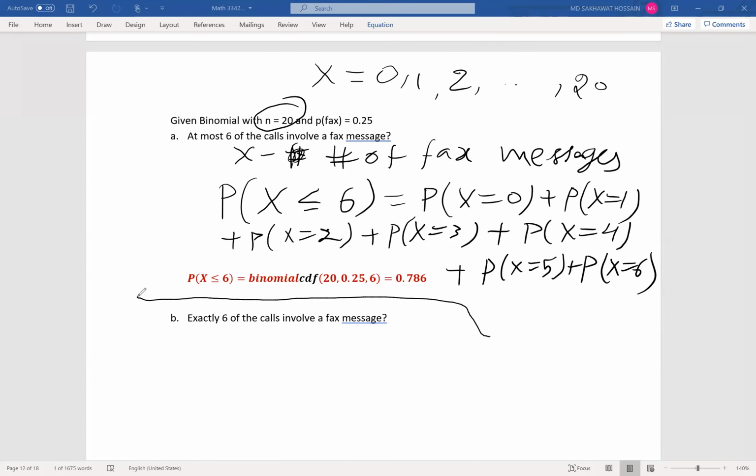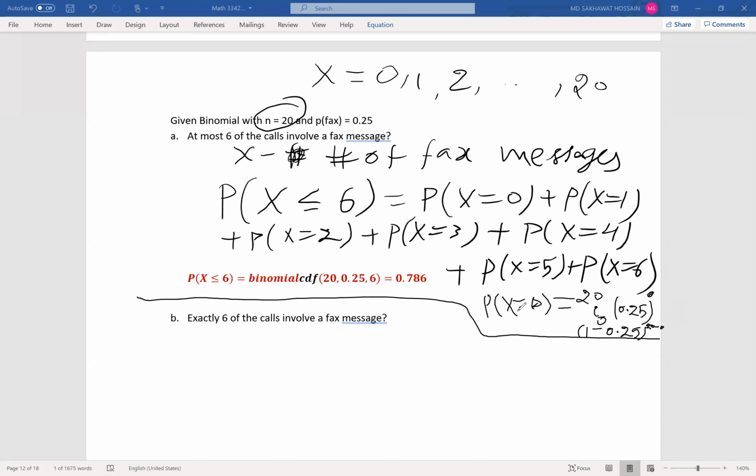Probability X equal 0 means n is 20, so C(20, 0), and p is 0.25 with power x, which is 0, and then 1 minus 0.25, with the power 20 minus 0.